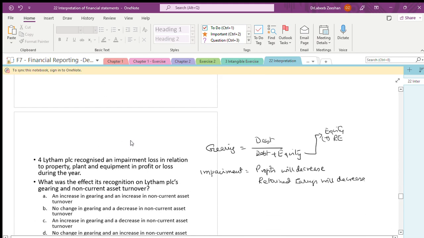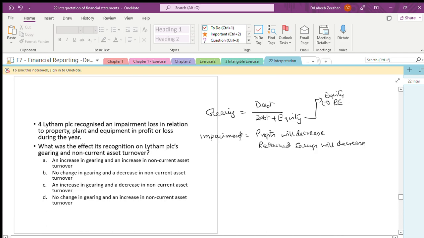Now, what happens if there is an impairment? It will decrease the retained earnings.